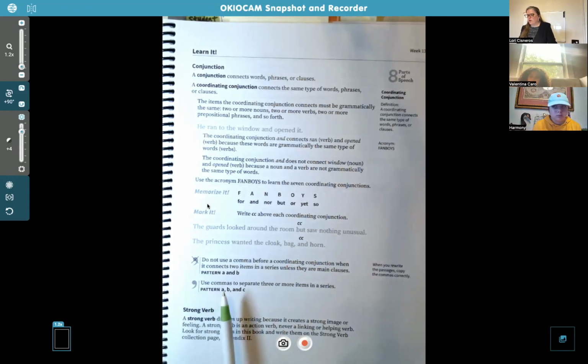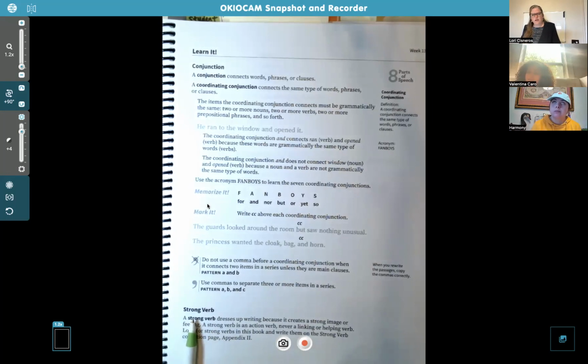So you have here this pattern, A and B. If you have just 2 things listed, you don't need a comma. If you have 3 things, A, B, and C, then you use your commas after A and after B. That's the comma rule for conjunctions. If you're listing 2, no comma. If you're listing 3 or more, commas.